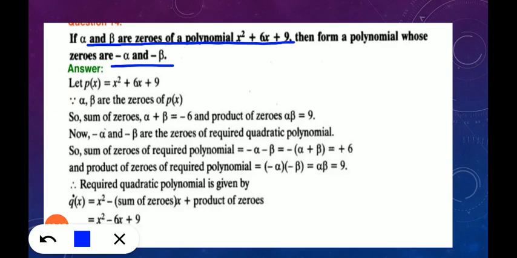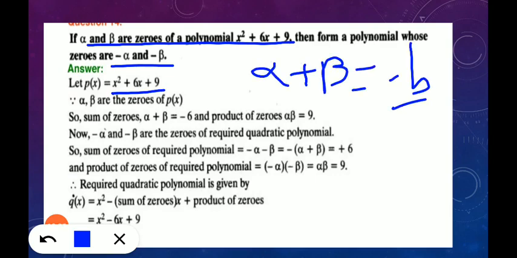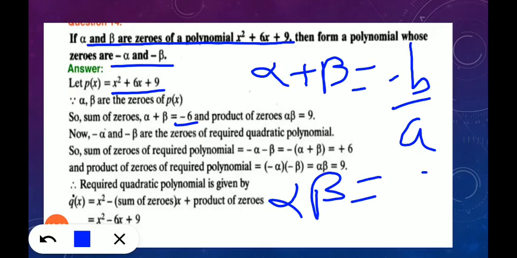Okay, from the question, the p(x) we will take as x square plus 6x plus 9. Sum of zeros, we know that alpha plus beta is equal to minus b by a, so from here we will get minus 6. And product of zeros is equal to c by a, so we will get 9.